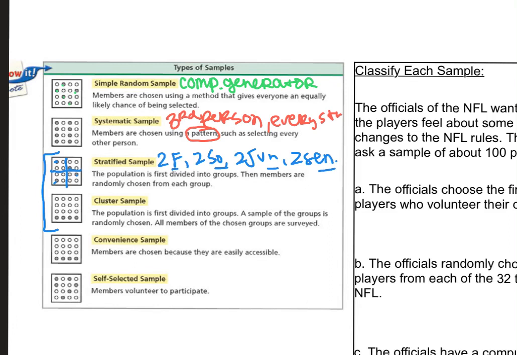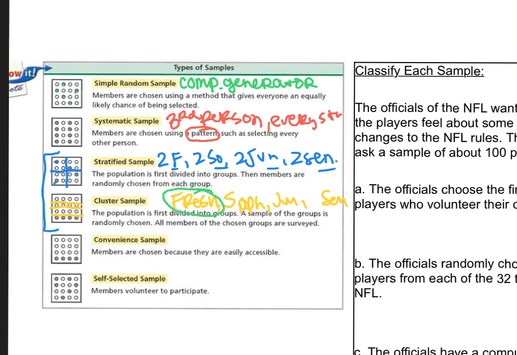Cluster is making those same groups. So I'm still splitting into freshmen, sophomores, juniors, and seniors, but now I'm only picking one specific group.